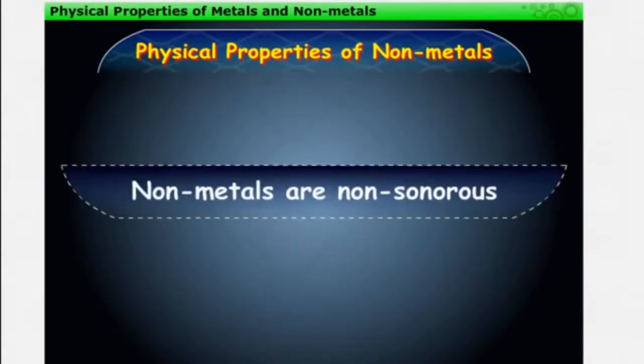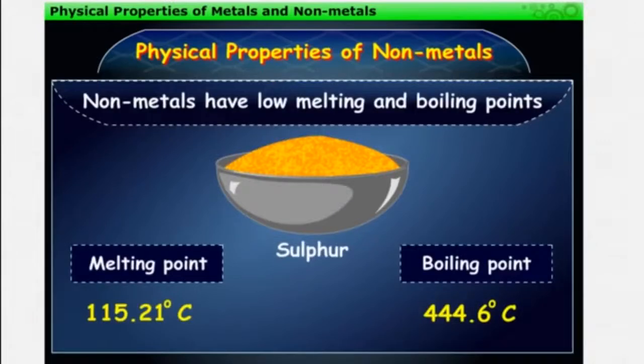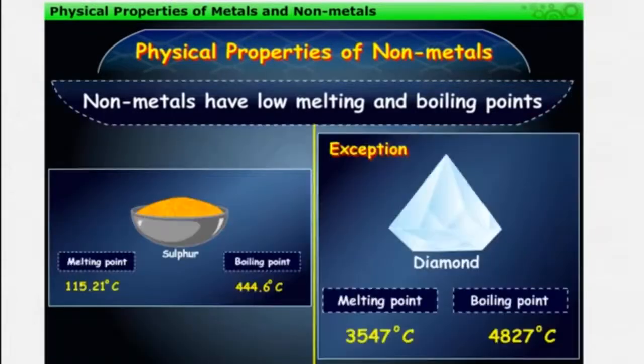Also, non-metals are non-sonorous, as they do not produce sound, for example, sulfur, iodine, etc. Non-metals generally have low melting and boiling points, for example, sulfur, except diamond, which is a non-metal having high melting and boiling points.